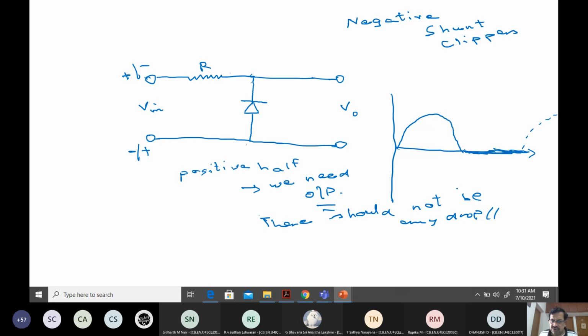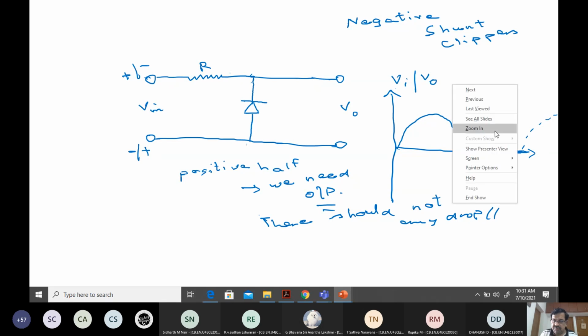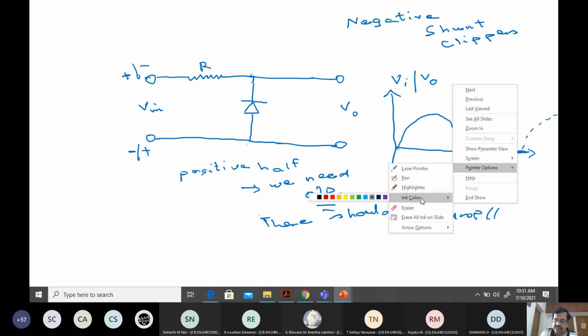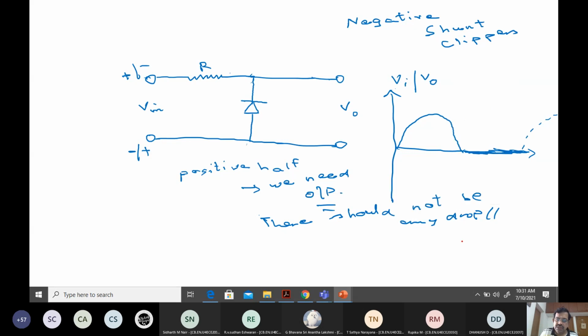So if I am giving this output, Vi or Vout, Vi will be in the red color. I will use the red pen just to ensure that you are able to capture what I am trying to say. My Vi is always in red color.